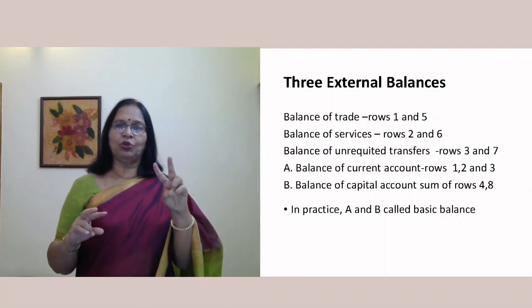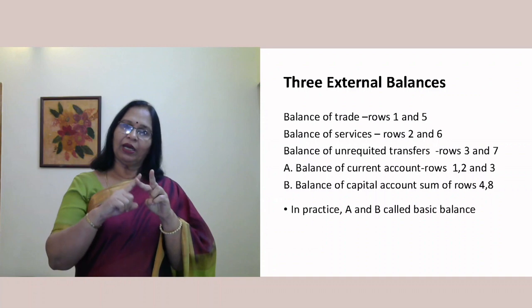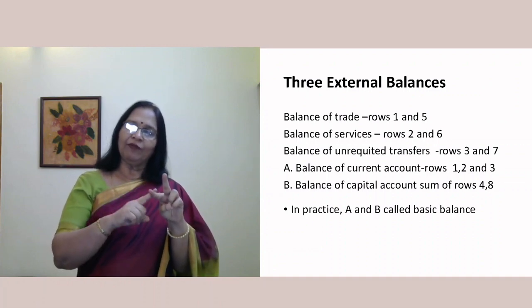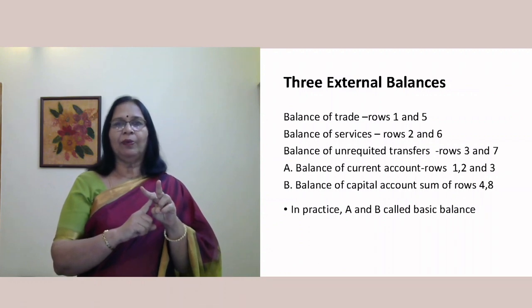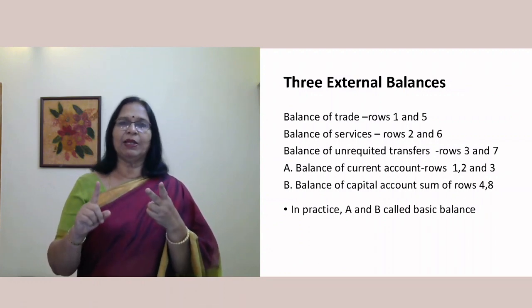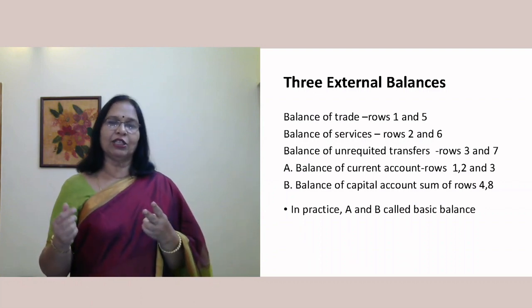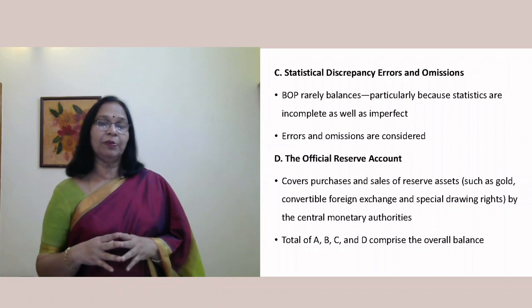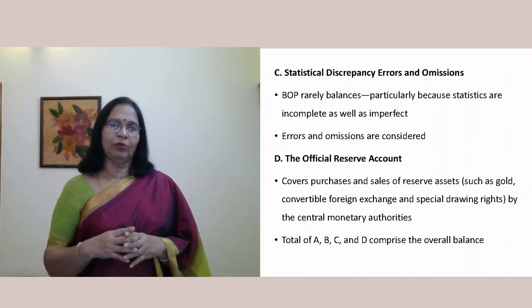So we have now got two accounts: capital account and current account. Current account is 1, 2 and 3, visible, invisible and unrequited payments, and capital account is borrowing and lending that takes place over a time. The next item included is the statistical discrepancy, or errors and omissions.